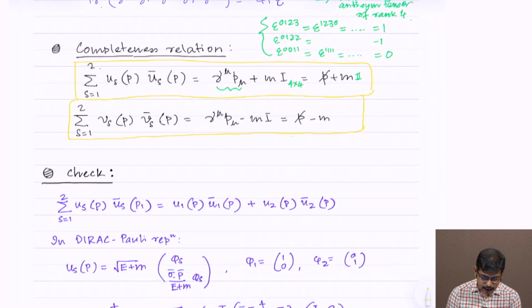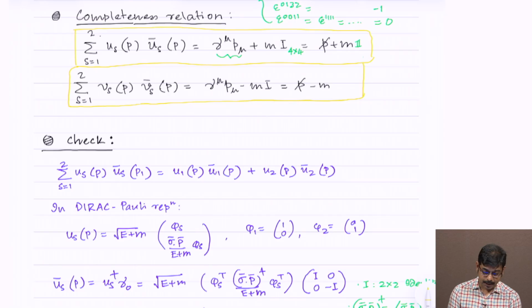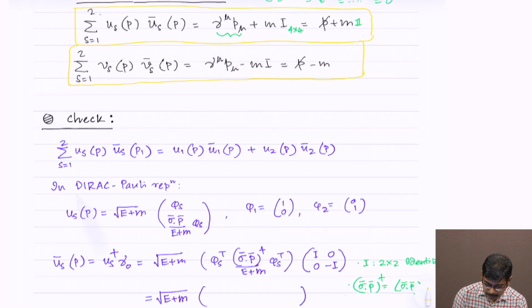Okay. So, let us check the sum over s equal to 1 to 2 of U_s(P) U_s bar(P). What does this mean? U_1(P) U_1 bar(P) plus U_2(P) U_2 bar(P). Now, what is U_s(P), the particle spinor in the Dirac-Pauli representation in which we did all the calculations?